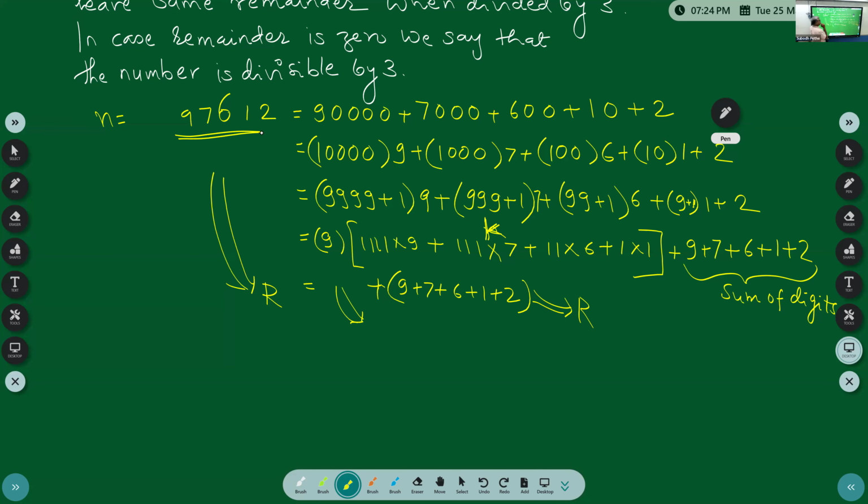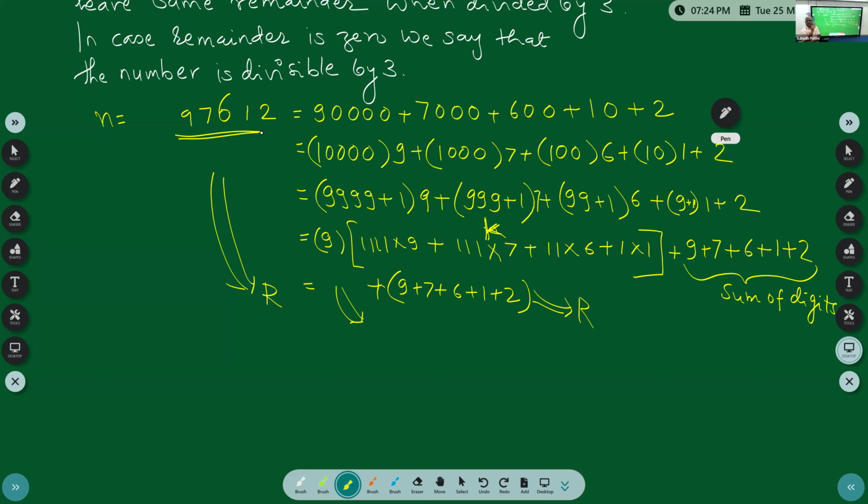And we see that 9 times k is divisible by 3, because 9 is divisible by 3. Therefore, the remainder left by the number in LHS is going to be the remainder left by 9k plus the remainder left by the sum of the digits. This is what we have seen last lecture.